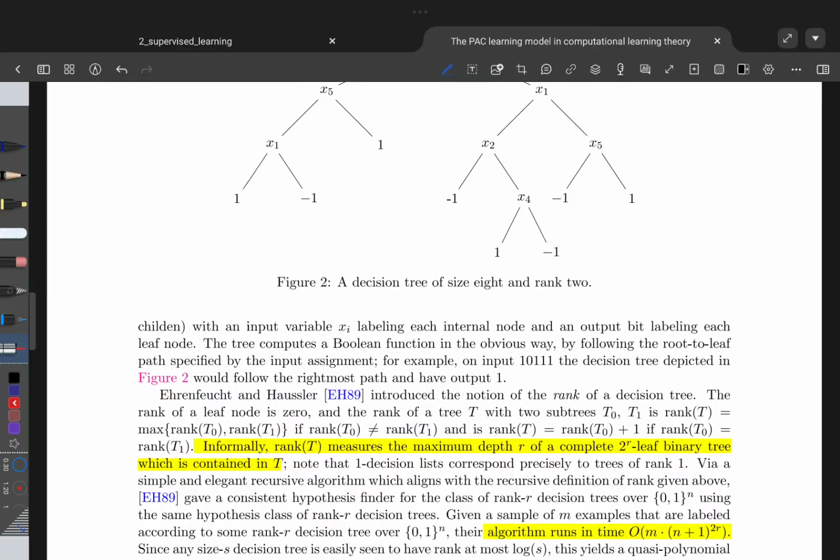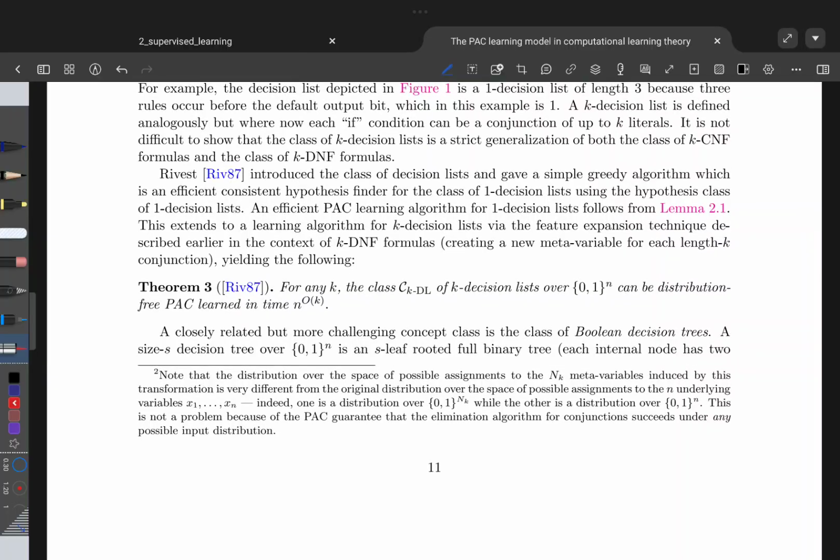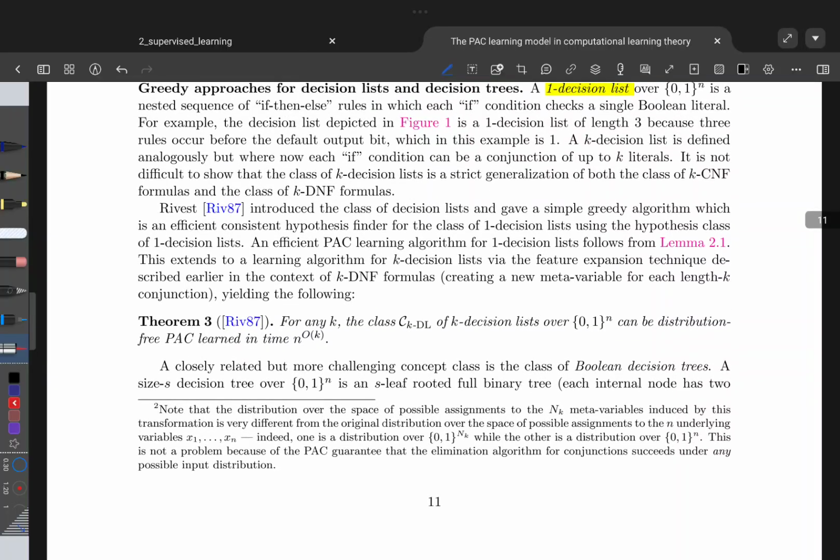And if you think about it, as we've seen previously, complex functions can't be learned efficiently. Which means that if the decision tree is too large, that is, it involves too many variables, then you should not be able to learn it efficiently. All right? And indeed, that is true.